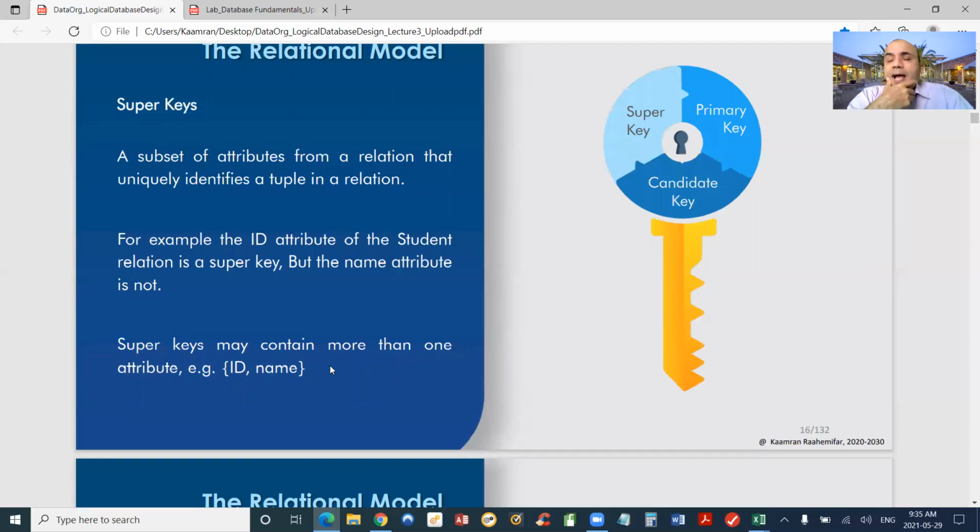For example, if I ask you, do you have SSN number? Do you have SIN number? Do you have national ID wherever you are? That national ID for the government is the superkey. When someone says this is your SIN number or SSN number or national ID number, they will know everything about me.